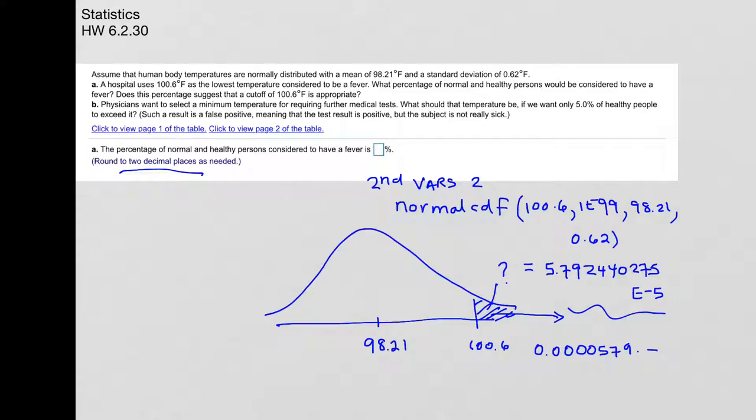So I'm going to convert this to percent by moving the decimal point over 2 places, and I have 0.01 when we round that to 2 decimal places. So the percentage would be 0.01%. So not 1%, but 1/100th of 1%.